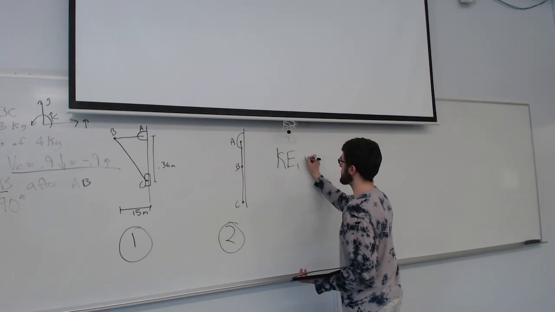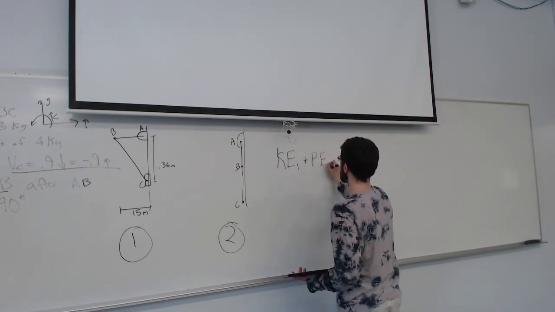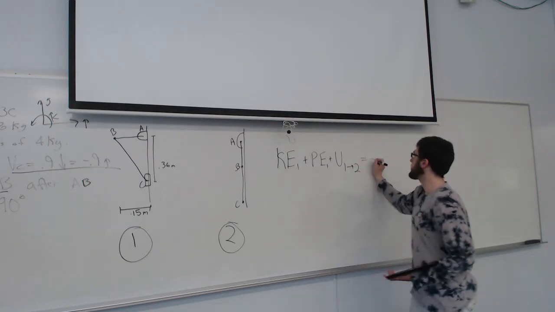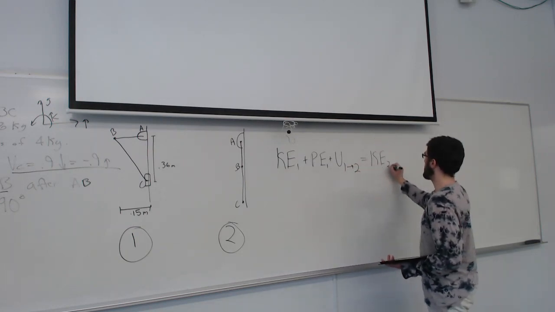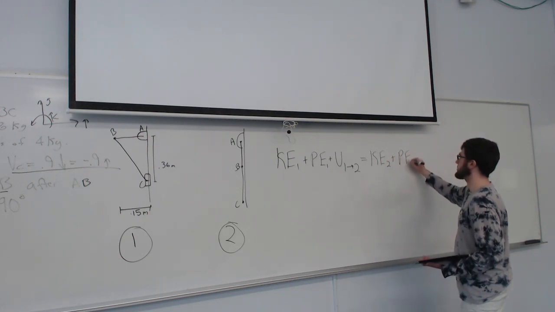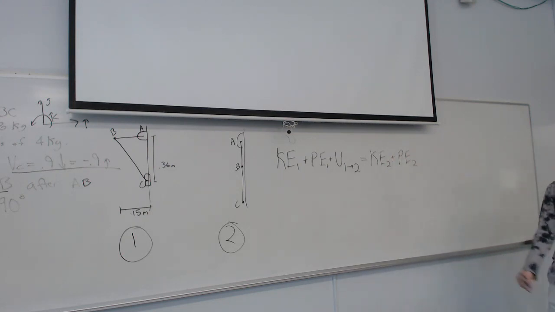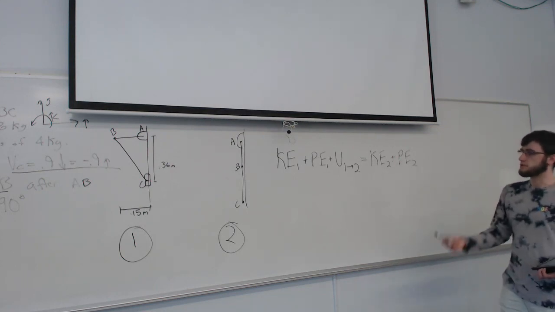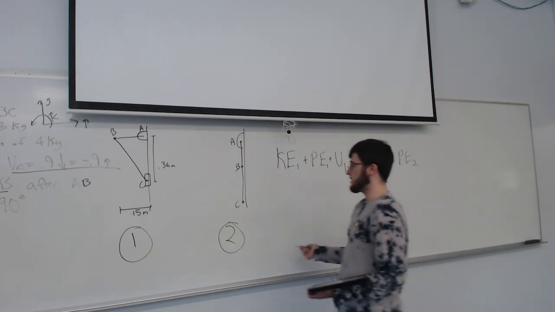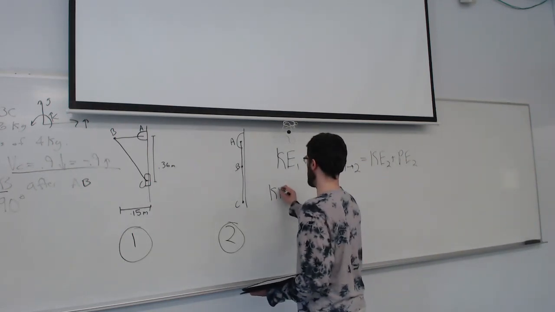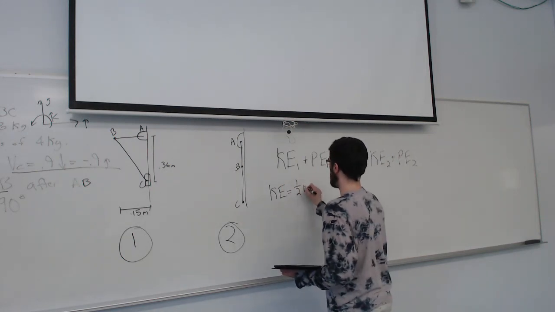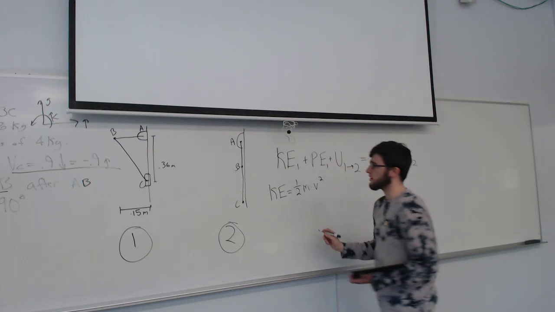So kinetic energy at point 1 plus the potential energy at point 1 plus the work from 1 to 2 equals the kinetic energy of 2 plus the potential energy of 2. We all recognize that equation? Yeah? Okay. So, if you recall, kinetic energy in general is 1/2 mass times velocity squared.